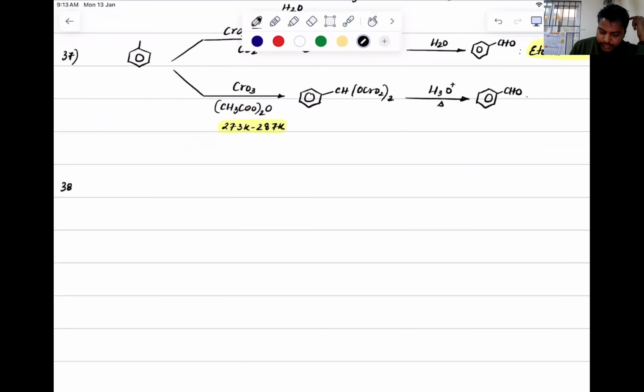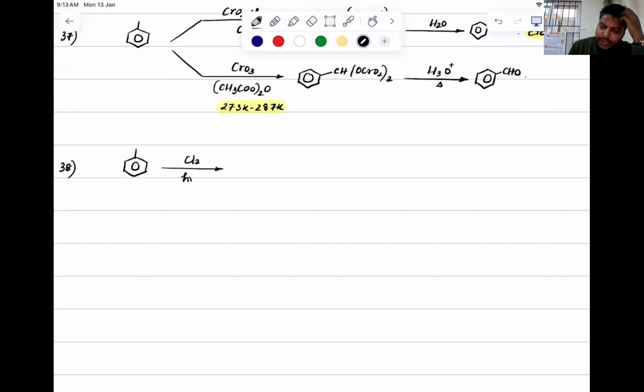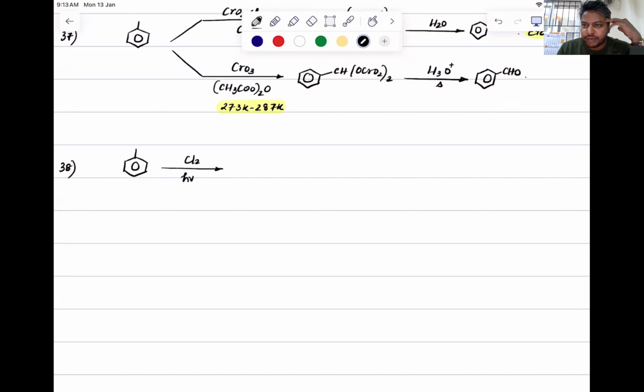38. This is a reaction which will generally go wrong very easily. Suppose if you have been given like this, Cl2, H nu is given, and see, go with the options. If the options have an aldehyde, because this was asked in 2023, same question was asked in 2023. As per the question, they are taking dichloro.